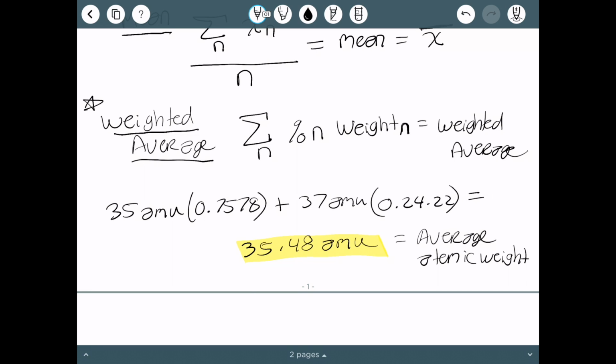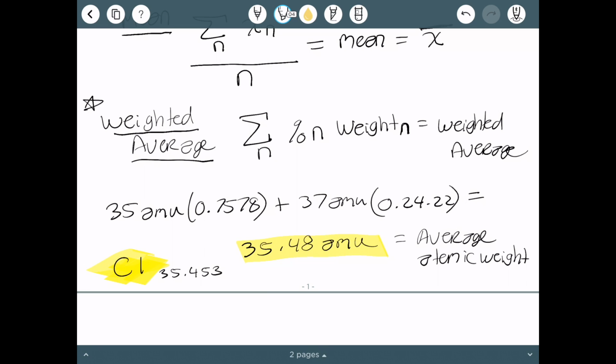If you go to the periodic table, I'm not going to display one right here, 35.48, what might that be? The closest element is chlorine, which is 35.453. So I would say, lo and behold, this particular element must be chlorine.